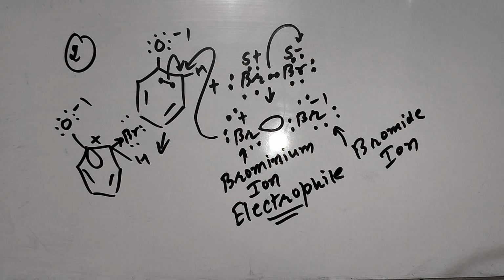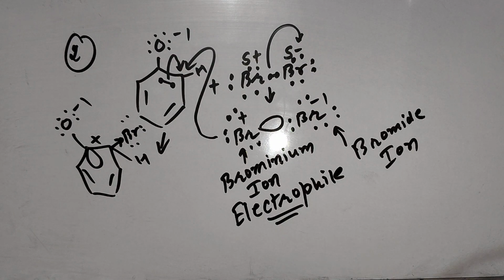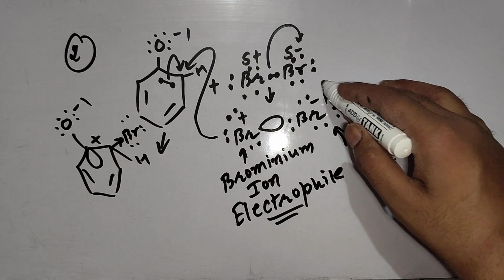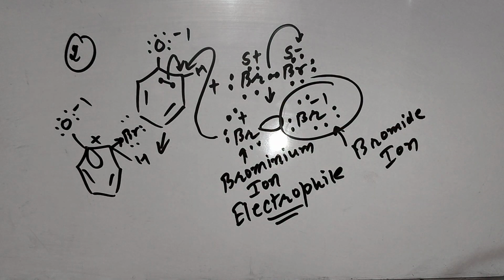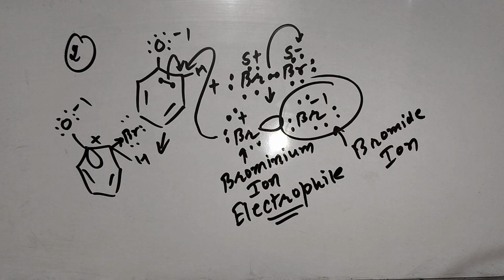This is the attack of the electrophile on the phenoxide ion's benzene ring, and we are getting a carbocation there. This is the second step. Now, please keep this bromide ion in your mind. I will neutralize it. Intermediate is generated, carbocation it is.